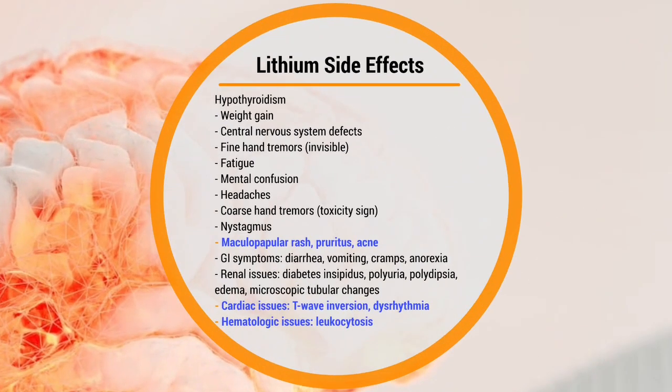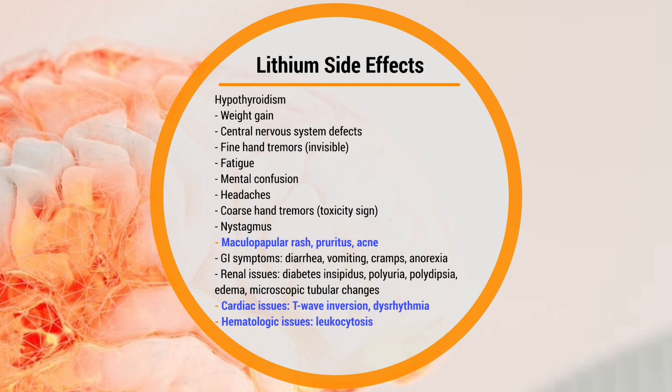So lithium will cause some side effects. And it's important to distinguish between lithium side effects, somewhat expected that we can manage, and lithium toxicity, which becomes more complex management. So, what are the lithium side effects? It can cause hypo, not hyper, hypothyroidism, weight gain, central nervous system effects, fine hand tremors, right?